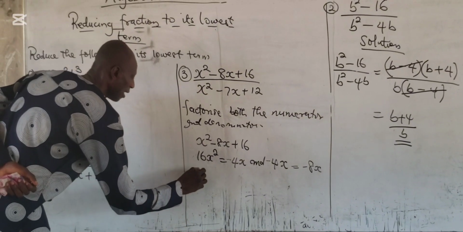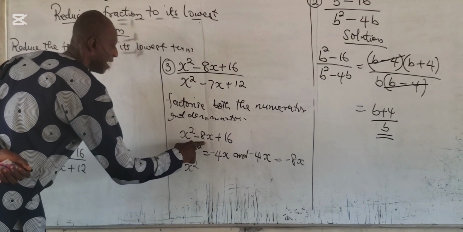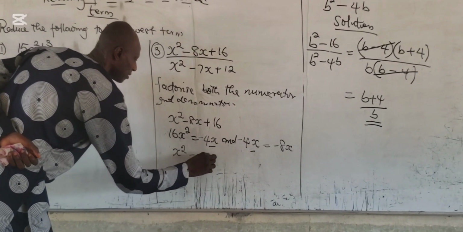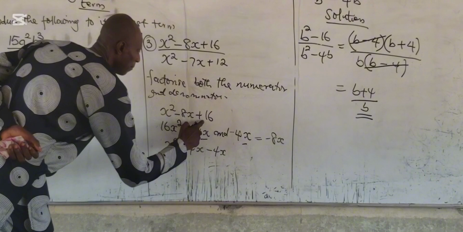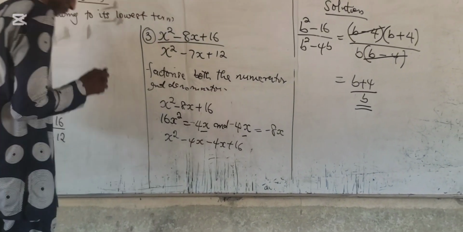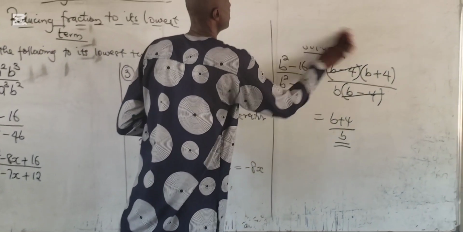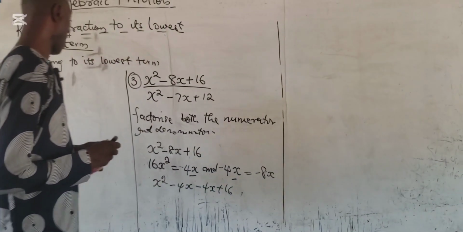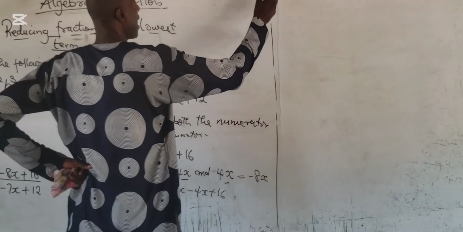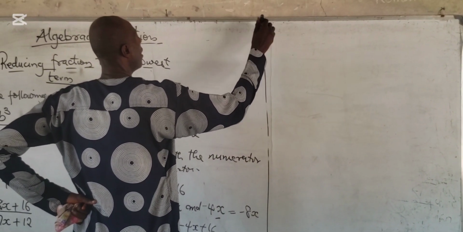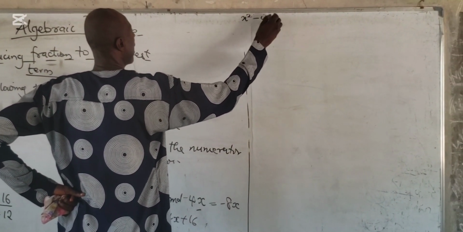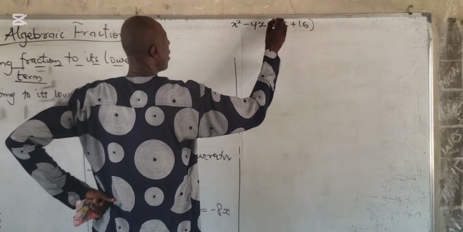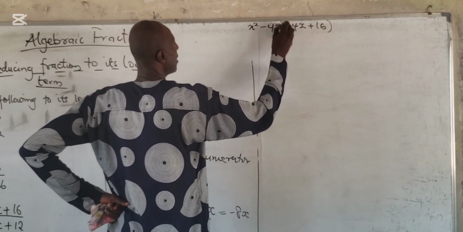So now x squared, in place of minus 8x, I'm putting these two values, which is minus 4x minus 4x, plus 16. So we can now factorize by grouping. Here will be x squared minus 4x, plus 16, so I will put this minus inside that bracket.